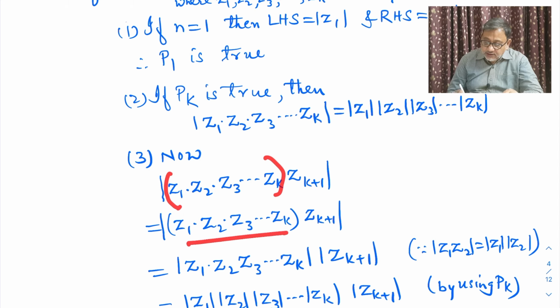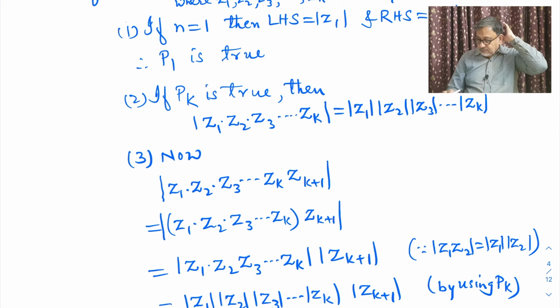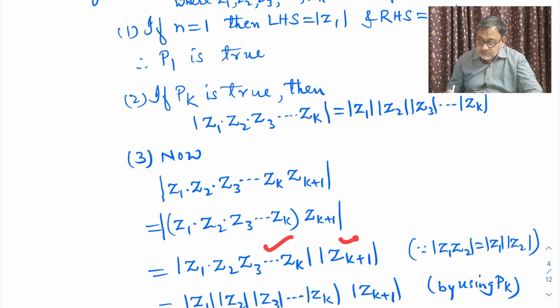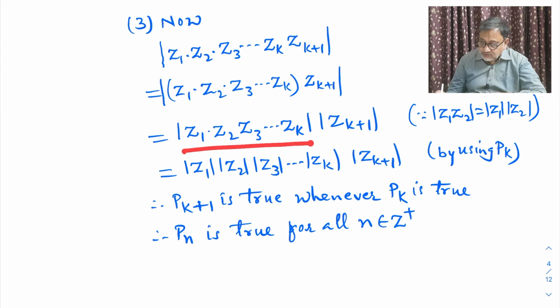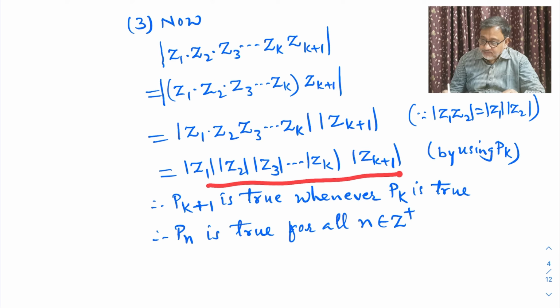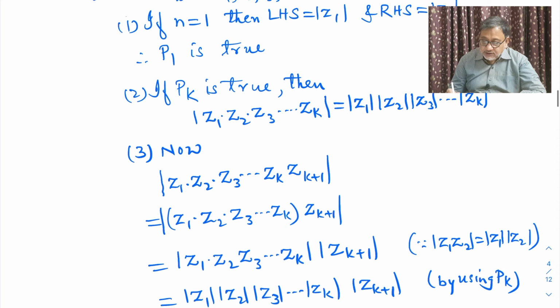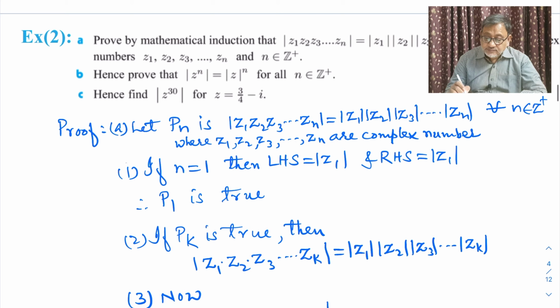Now z1 to zk we separate and zk plus 1 we write separately. Then by the modulus property this can be separated into two parts, like modulus of z1 into z2 is equal to modulus of z1 into modulus of z2, and then this part we write separately with modulus by using P of k. So like that it proves P of k plus 1. I hope you understood this.